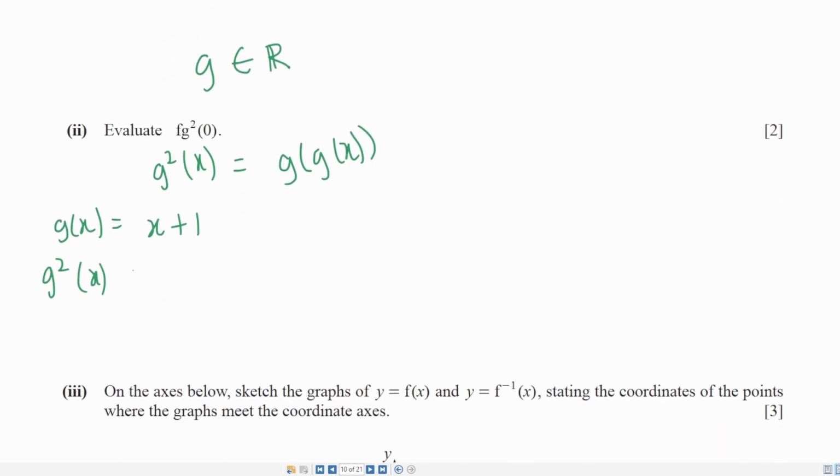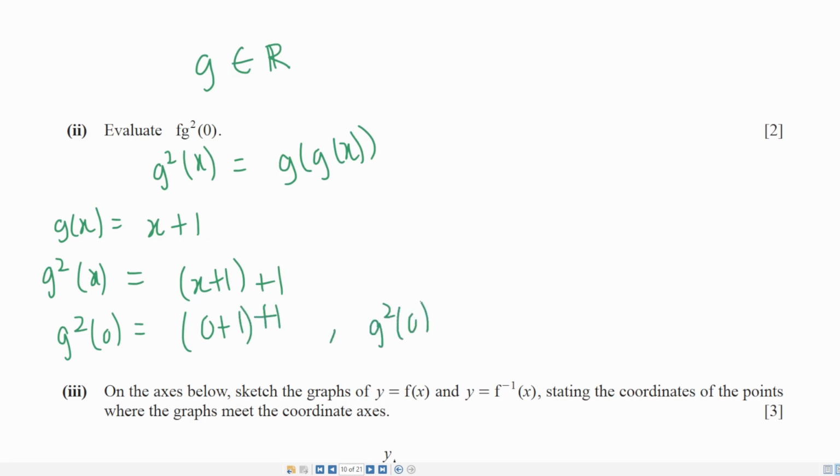Okay, let me scroll down. g of x plus 1 is x plus 1 plus 1, and then when 0 is inputted as the x value, just 0 plus 1 plus 1, so this is just equal to 2, right? Okay, so now let's move on.